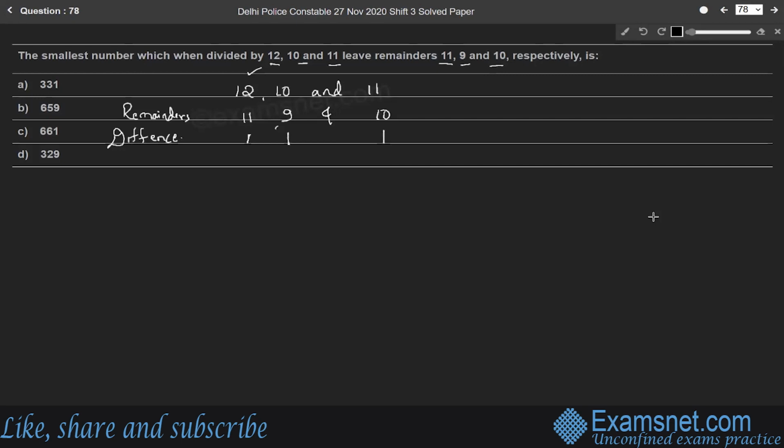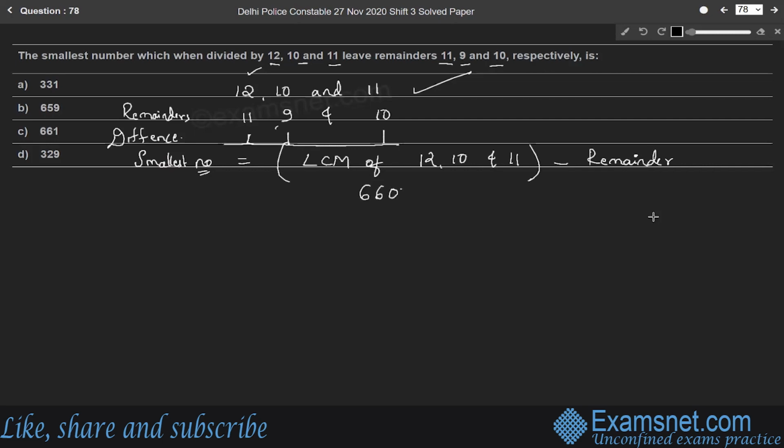Therefore, the smallest number is the LCM of the given numbers minus the difference, because here the difference is constant, that is 1. So what is the LCM of 12, 10 and 11? It is 660, right?